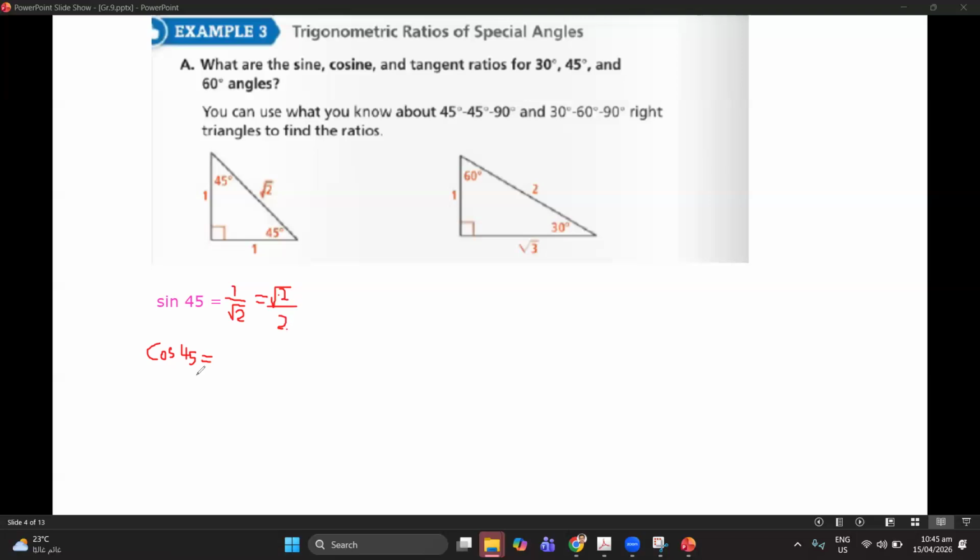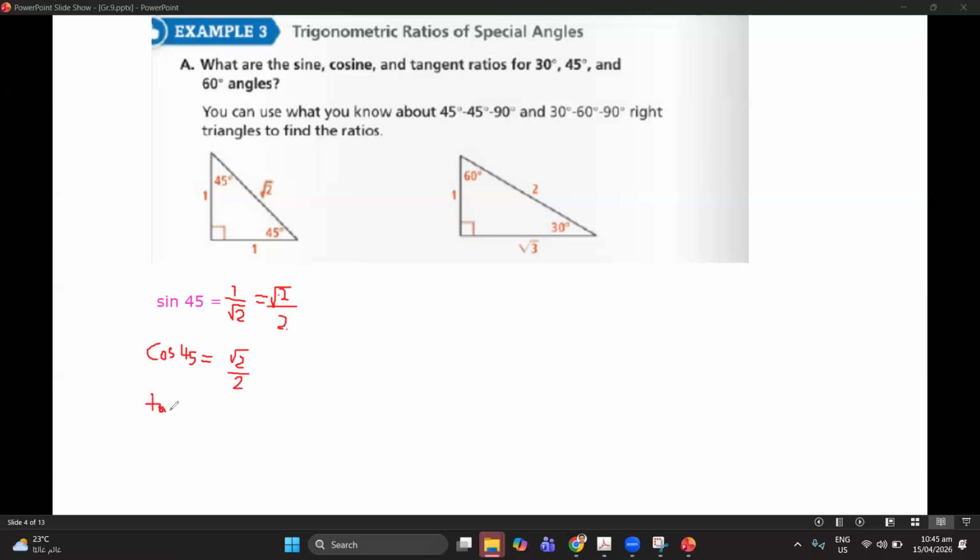Cosine of 45 is 1 over square root of 2, which is the same as square root of 2 over 2. What about tan of 45? 1 over 1. Excellent.